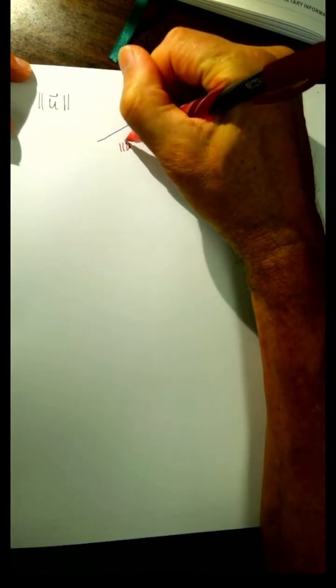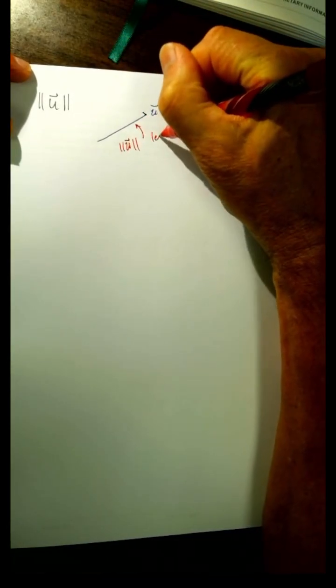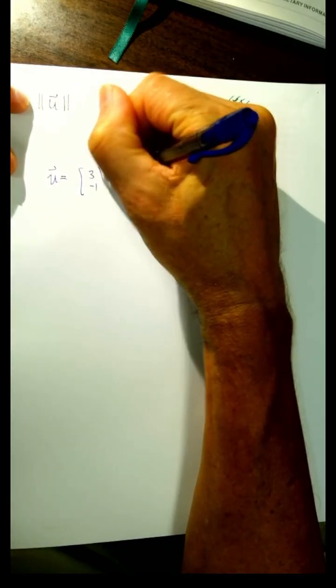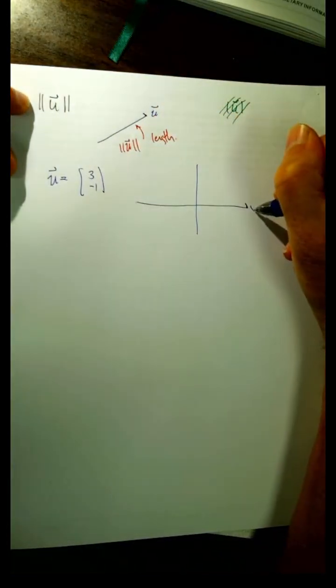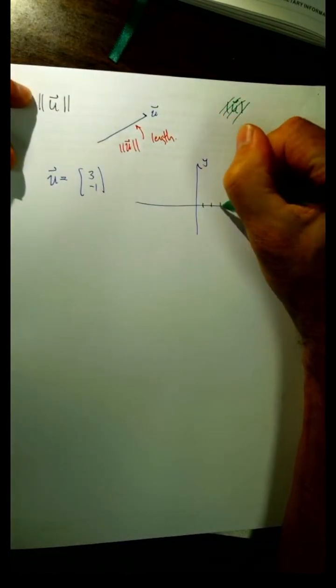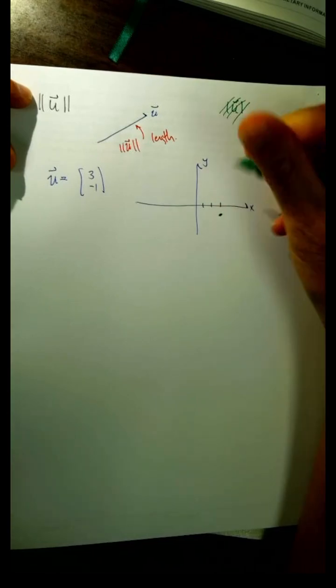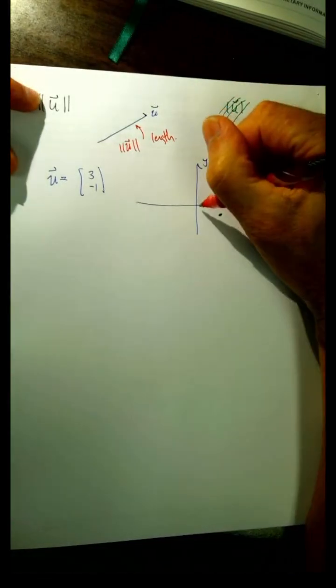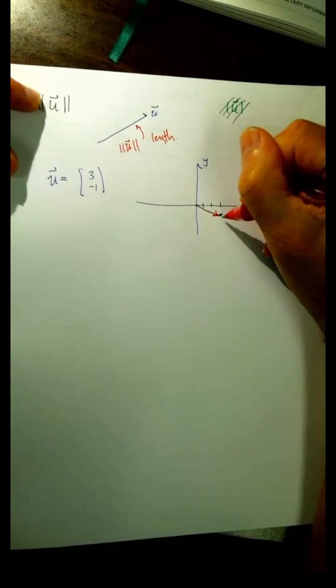We can think of this, so if we have a vector u, then this is going to be the length, or how long that vector is. For example, if u is the vector 3, minus 1, then I go 1, 2, 3 in the x direction, down 1 in the y direction, so that's the vector u.